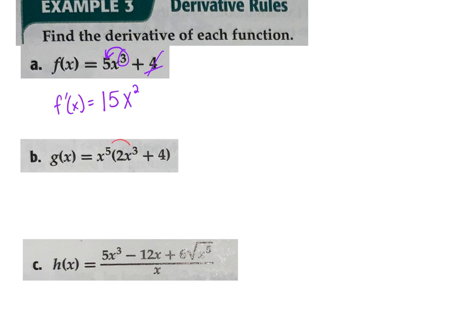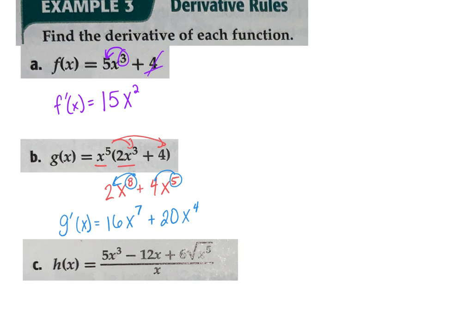So let's go ahead and distribute that through. Okay. So x to the 5th times 2x cubed is 2x to the 8th plus 4x to the 5th. So now I'm going to multiply this through, 16. My new exponent is 7 plus the second piece of it. Multiply that through, 20. My new exponent is 4. Good.